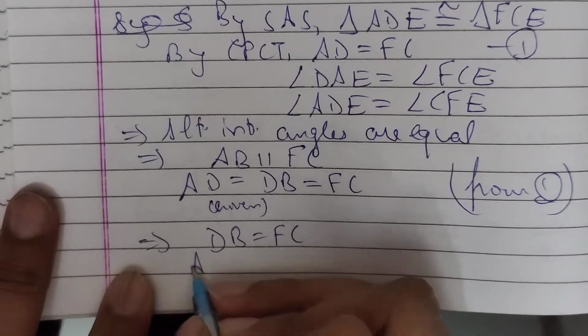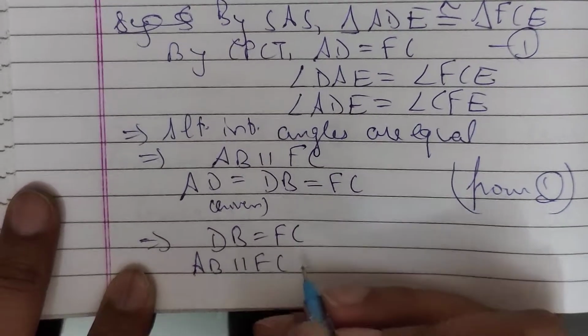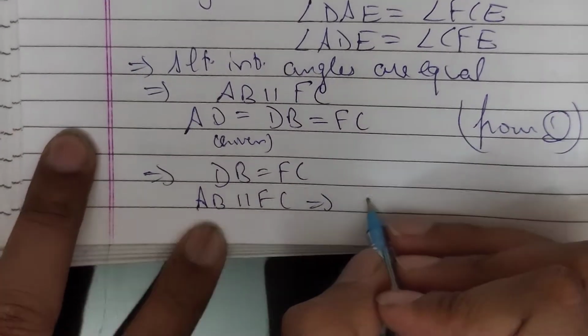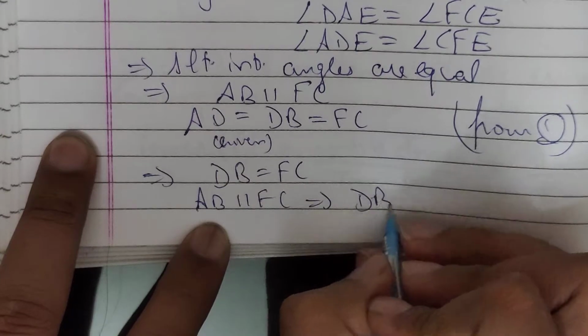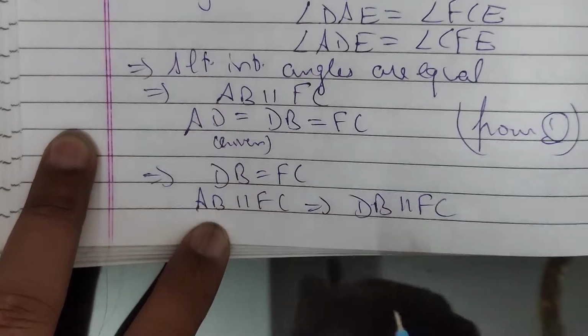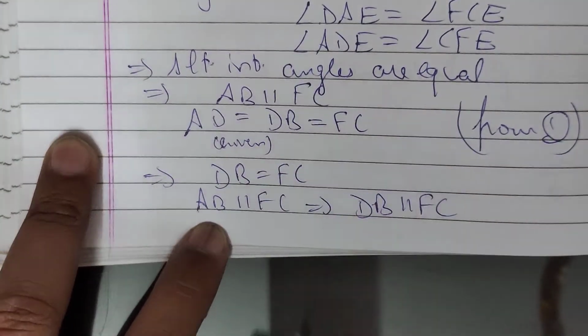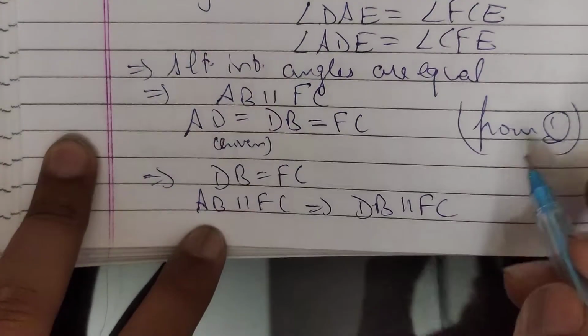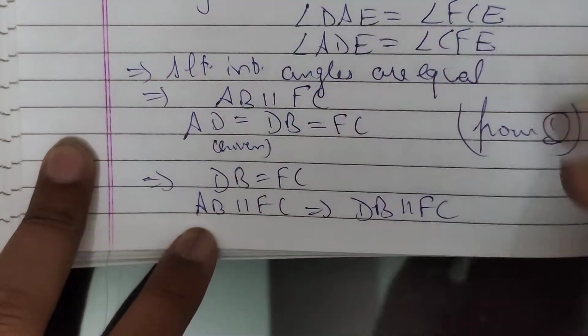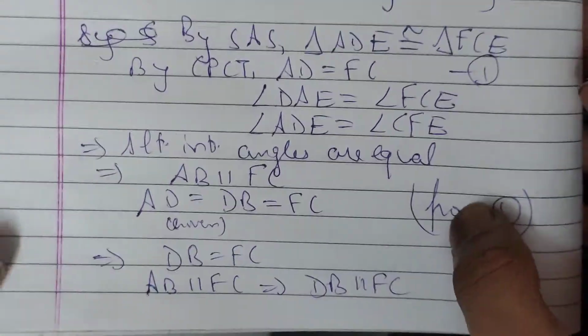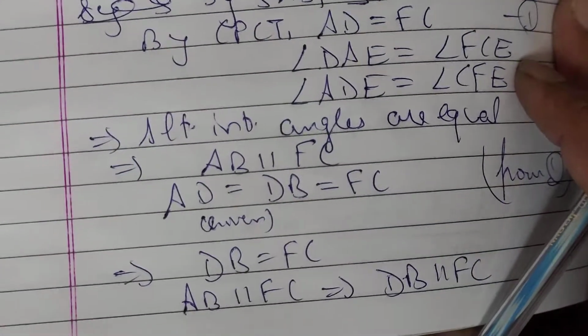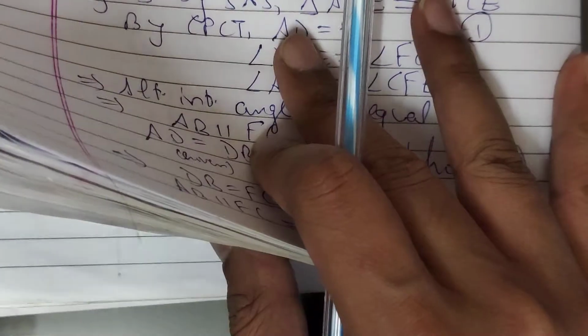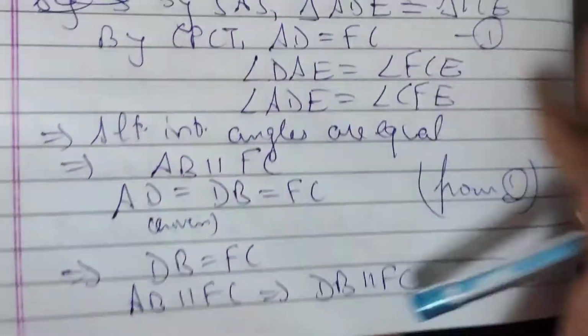Also AB is parallel to FC, so DB is parallel to FC. So DB is equal to FC and DB is parallel to FC. So we can say DBCF is a parallelogram.